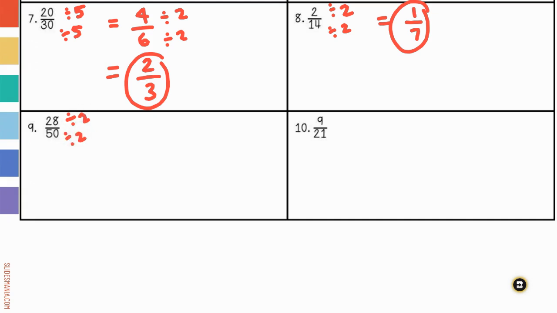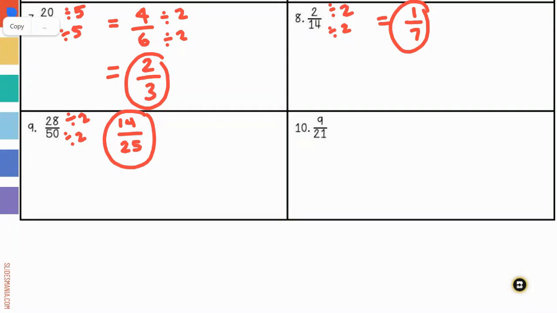When in doubt, if they're both even numbers, you can always divide by 2. So 28 divided by 2 is going to give me 14. And then on the bottom, 50 divided by 2 gives me 25. And that is as low as I can go. There's not a number that goes into both 14 and 25. So 14 over 25.